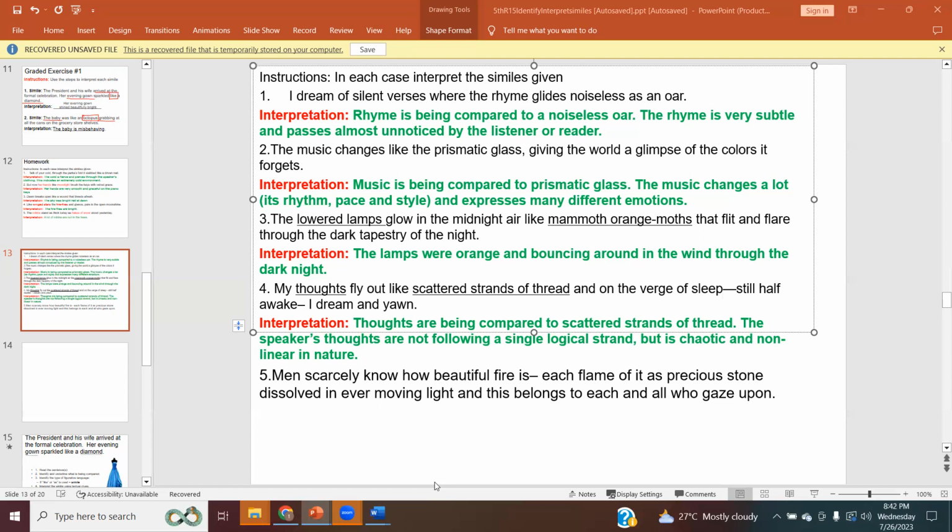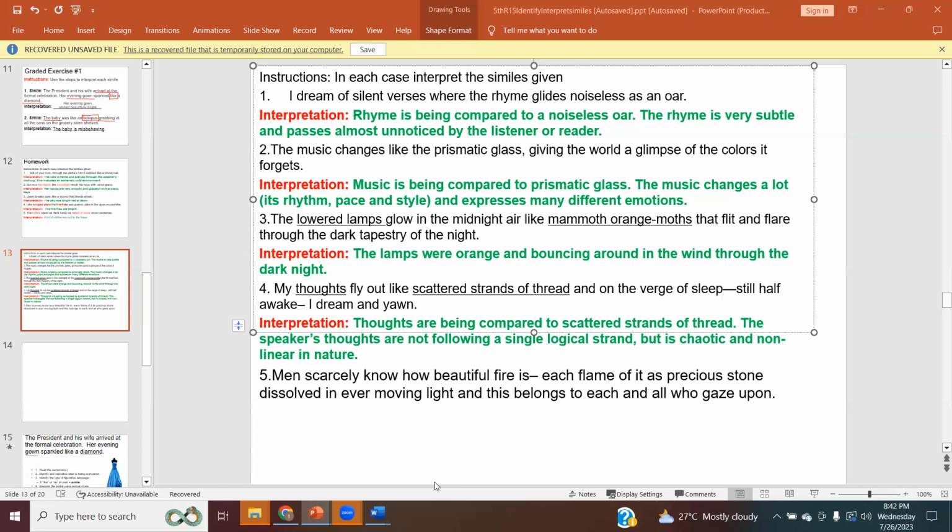Men scarcely know how beautiful fire is. Each flame of it is a precious stone dissolved in every moving light, and this belongs to each and all who gaze upon it.